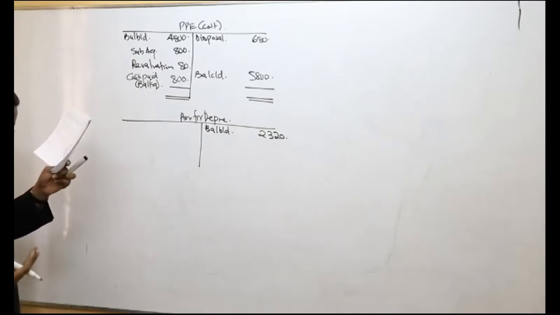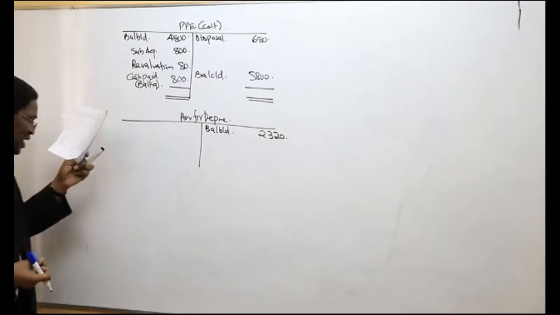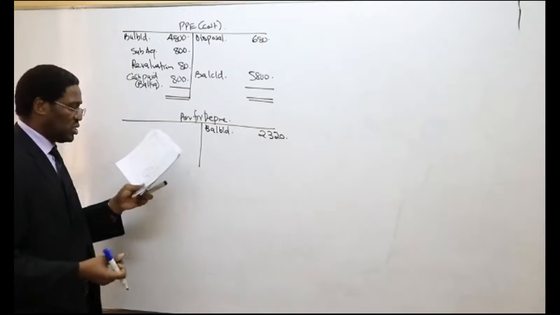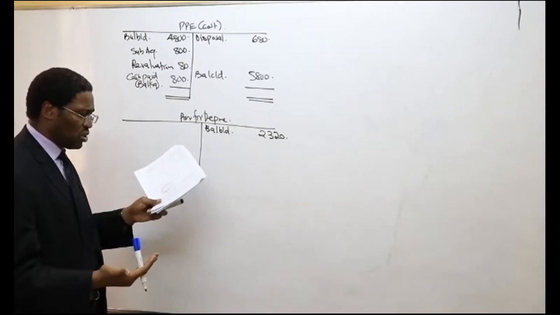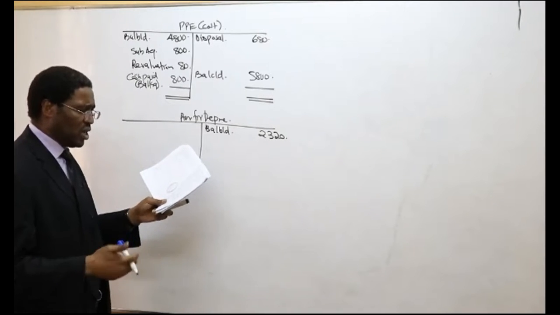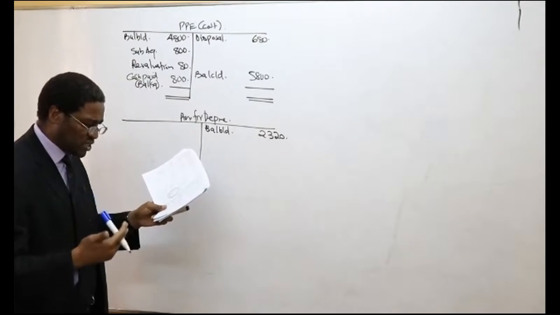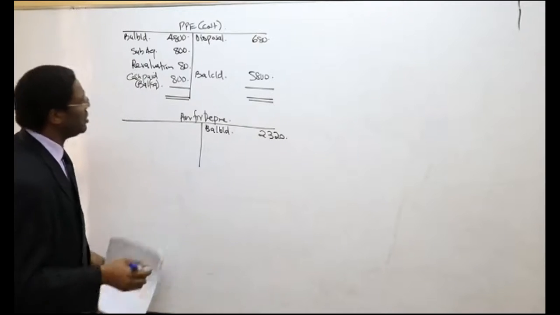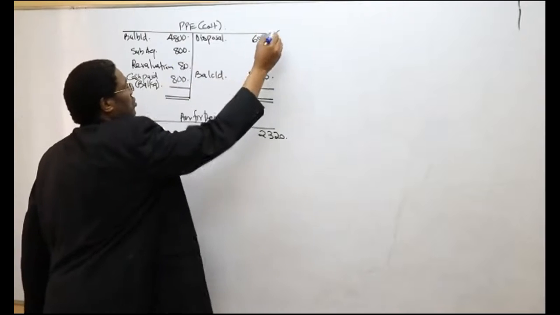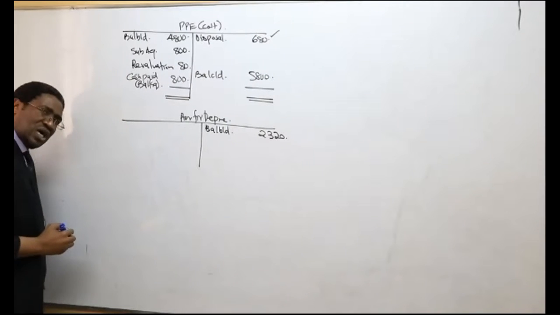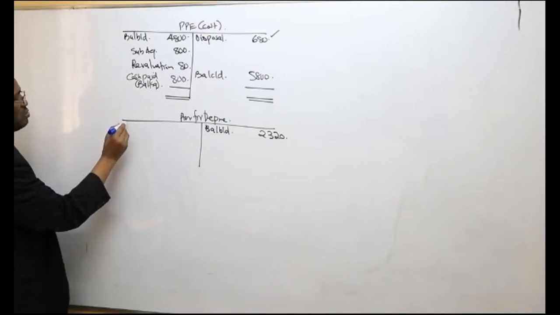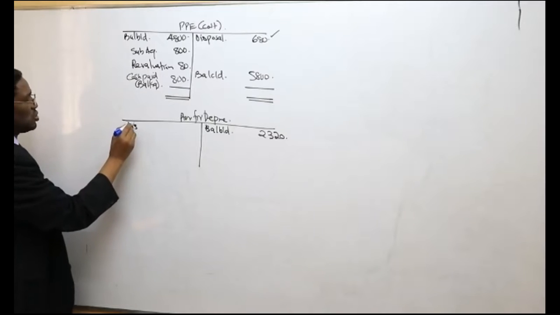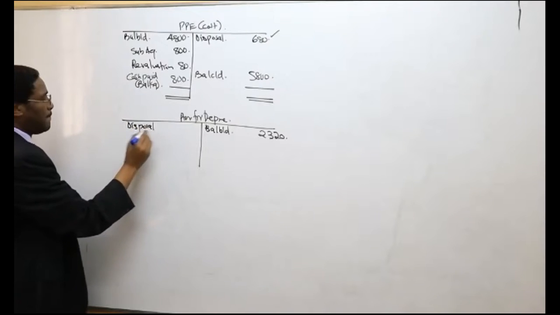From note number 1, we were told that the asset that was disposed was the same machinery that was sold at the original cost of 680, and a net book value of 360. So there was a disposal, which is this one. And don't forget, whenever an asset is disposed, you come and remove the accumulated depreciation of that asset.